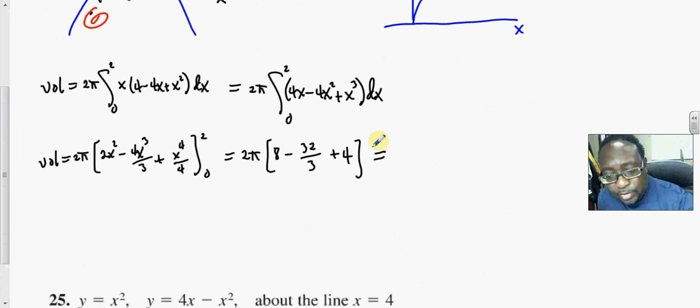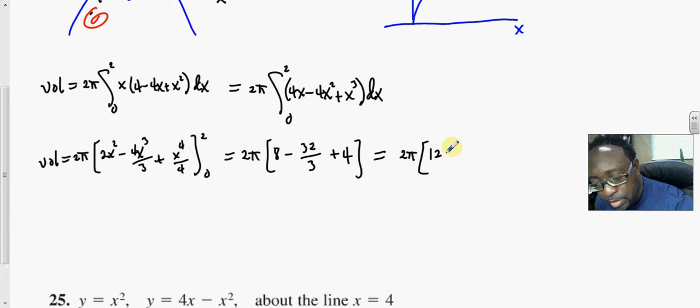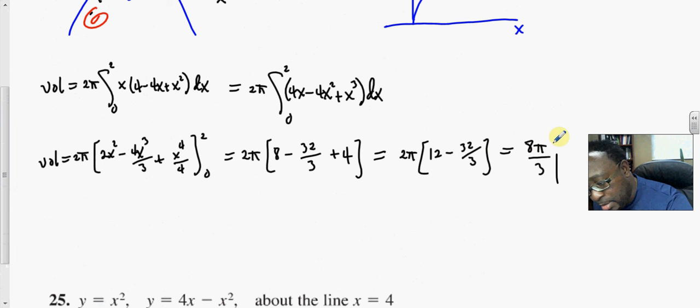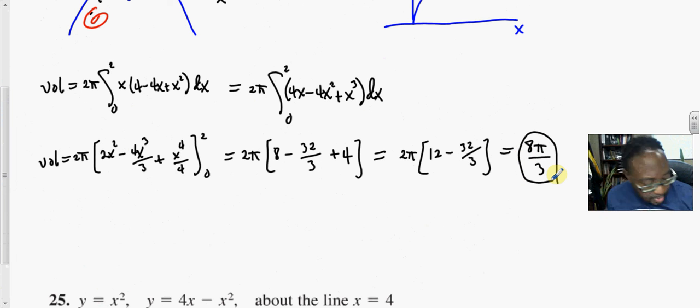And so this gives us 2 pi, and inside the parentheses is 12 minus 32 over 3. So we get 36 minus 32 is 4, times the 2 is 8 pi all over 3 for that volume.